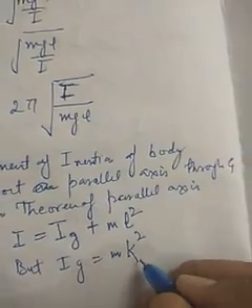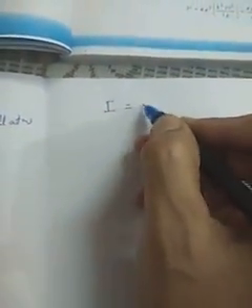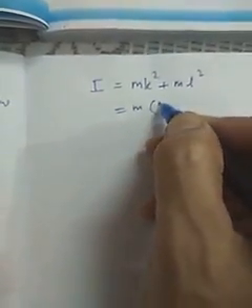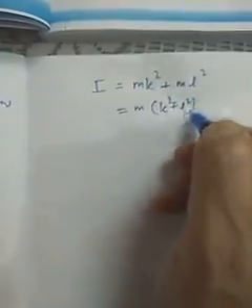This k is the radius of gyration. Let's substitute for this: I equals m k square plus m L square, or m times k square plus L square.